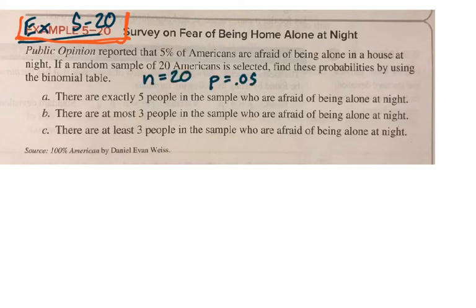Well, in this whole situation, we're selecting 20 people at random, and so those are our 20 trials, essentially. And the probability is the same every single time. So the only thing that is going to vary here is the value of x.